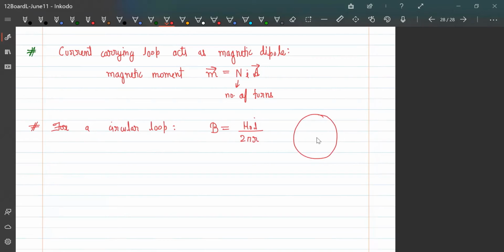There is a current carrying loop of radius r, and current is I. From here, I can write current is equal to 2 r B by mu naught. For this loop, if you want to write the magnetic dipole moment, just leave out this n. The value of current I, I will put it as 2 r B by mu naught.